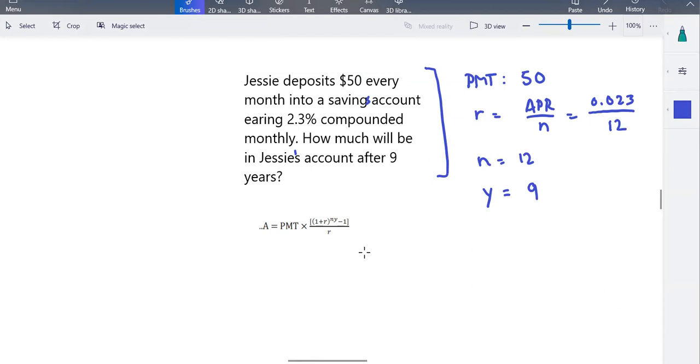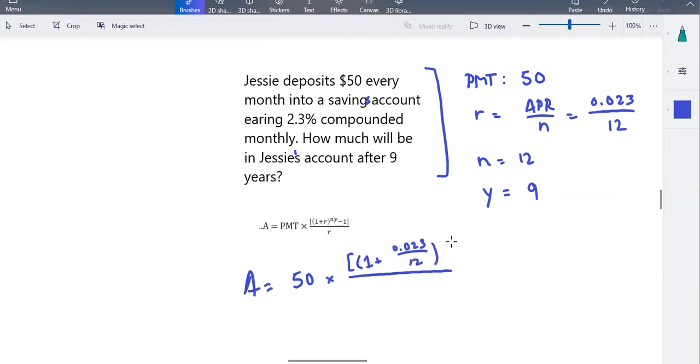And then the bottom of the formula here is back to that R, the periodic interest rate. So if I want to plug all this stuff in, now you have to deal with my handwriting more. We get 50 for the payment times this big old fraction. Actually, I'll do the top first. 1 plus periodic interest rates.